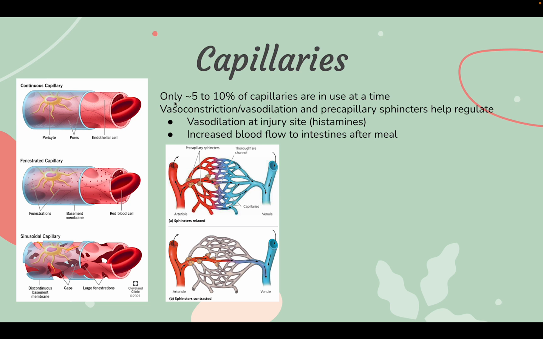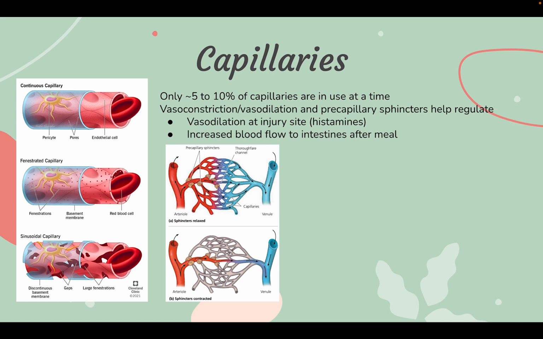So here are 3 types of capillaries. You're going to see there's continuous, fenestrated, and sinusoidal. Continuous capillaries are going to be decently non-leaky. By the way, capillaries are going to have one kind of complete-ish layer of endothelial cells, and they're also going to have cells called pericytes periodically around them.